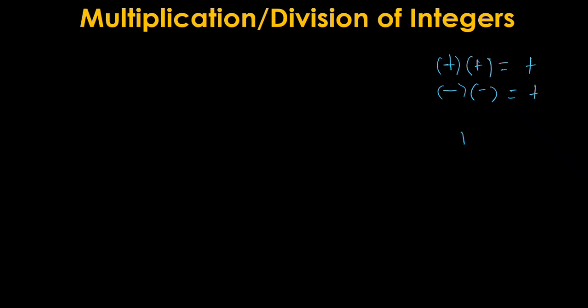If we multiply positive by negative, the answer is negative. Negative by positive, we get negative. So to remember it, if we multiply the same signs, then the answer is positive. If we multiply opposite signs, then the answer is negative.